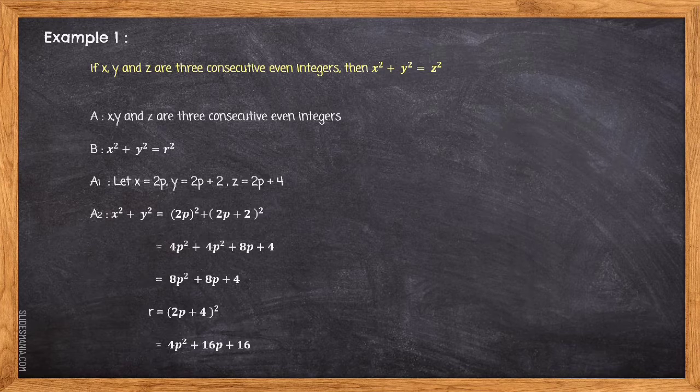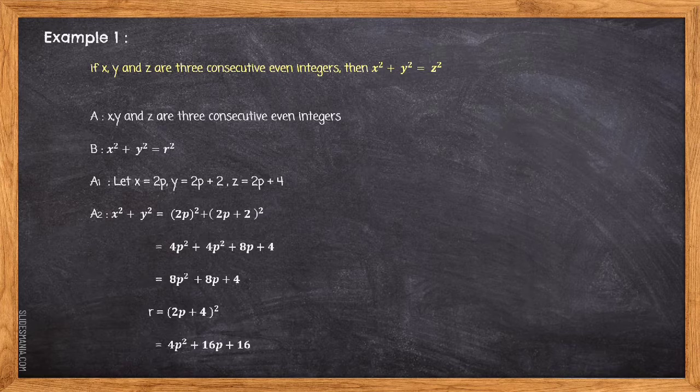z squared. A: x, y, and z are 3 consecutive even integers. B: x squared plus y squared equals z squared. A1: let x equal 2p, y equal 2p plus 2, z equal 2p plus 4.